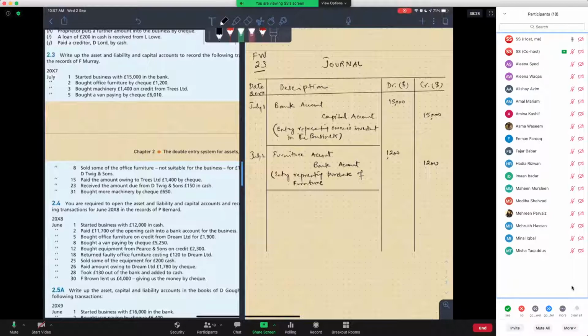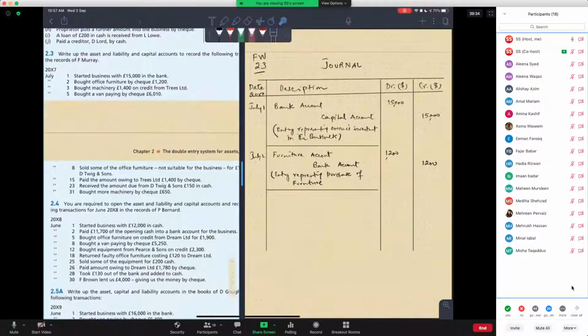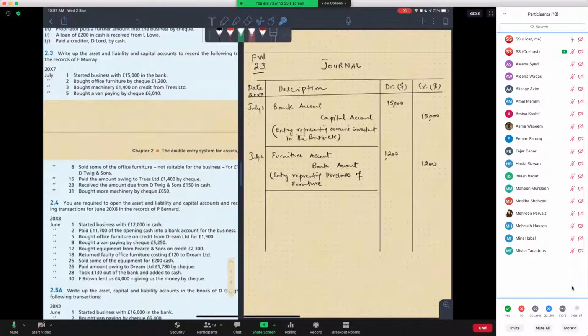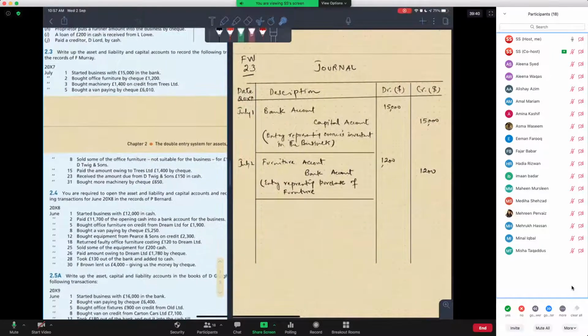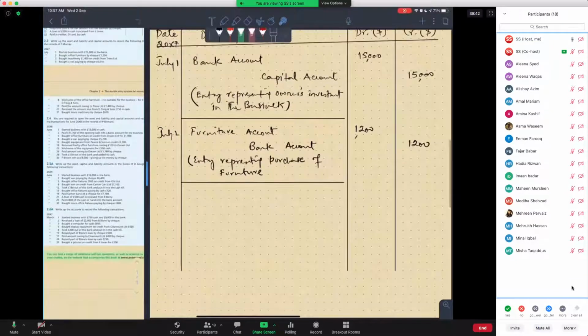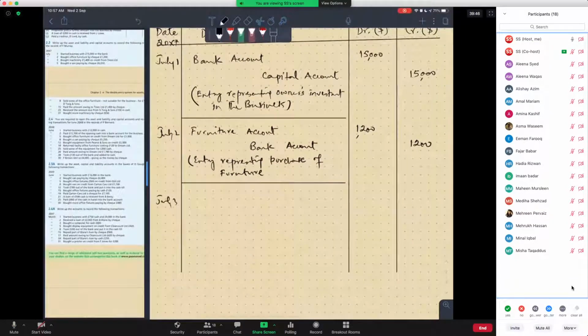The next transaction now, we are going to continue with this. The next transaction here is that bought office machinery, $1,400 on credit from Trees Limited. So we are buying machinery on credit from Trees Limited. So we are going to record this transaction here, July the 3rd. We debit the machinery account because our asset is increasing.